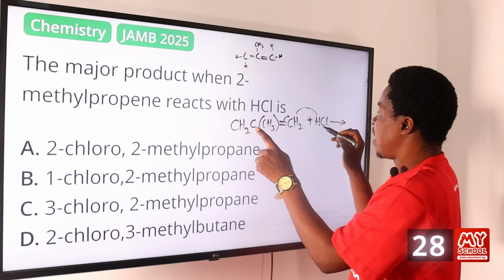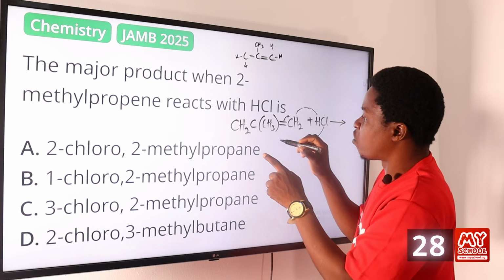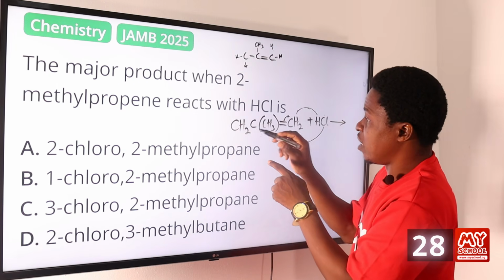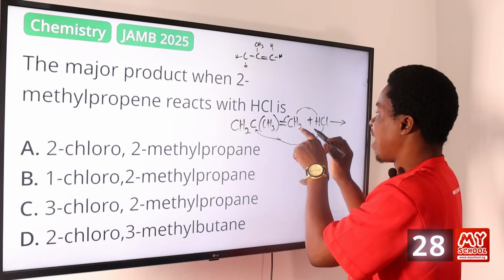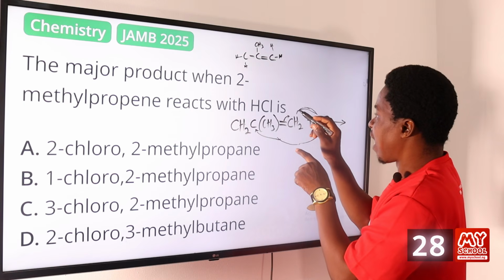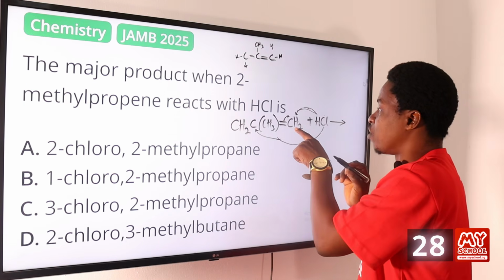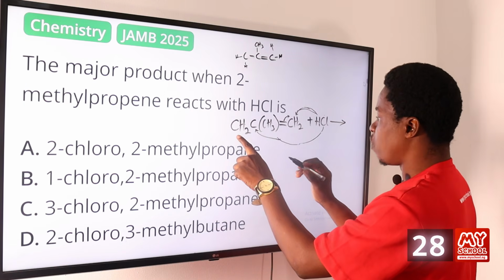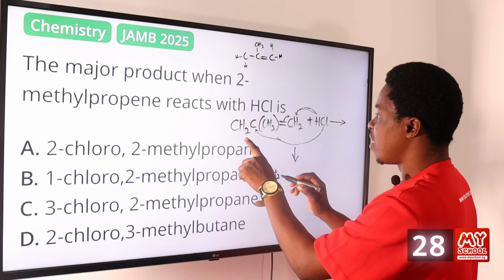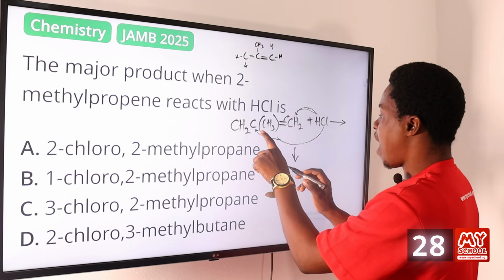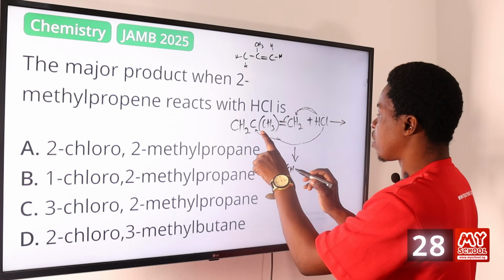So this Cl, which is the halogen, comes to attach itself to this carbon atom, while this hydrogen attaches to the other carbon. Once that happens, we have this CH2 here, then we have C here, then we have the CH3 in bracket.